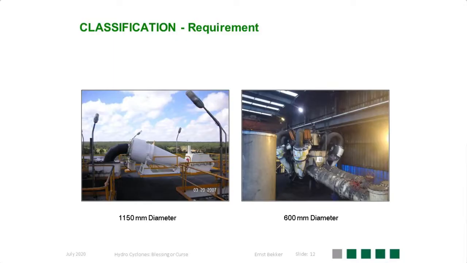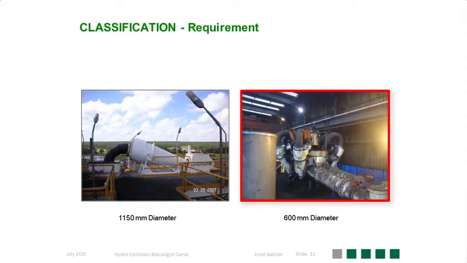In this example, the cyclone on the left hand side was selected based on the premise of a cut point of 250 microns. There was a misunderstanding, and when the client realized that the reference that was used was incorrect, it resulted in a very different approach in terms of cyclone selection. As you can see on the picture on the right hand side, the cyclone diameter has become much smaller.